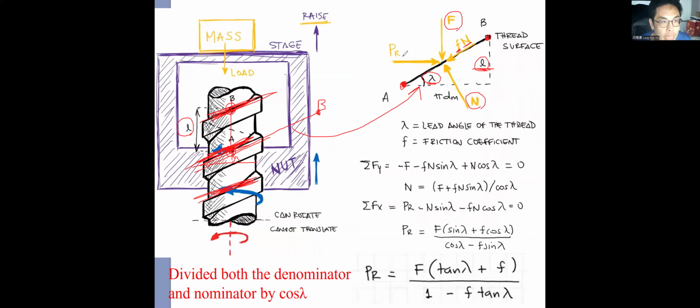And we need the PR, the force for raising, to reach the force equilibrium: sigma Fy equals 0 and sigma Fx equals 0.